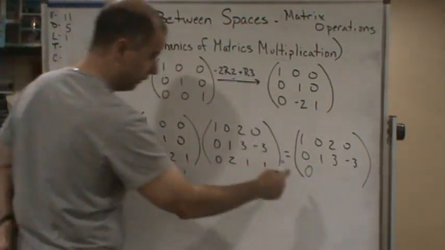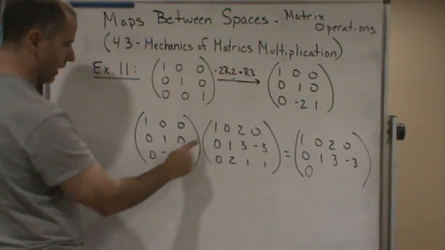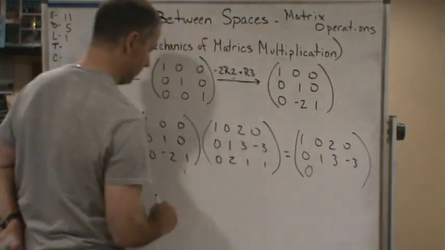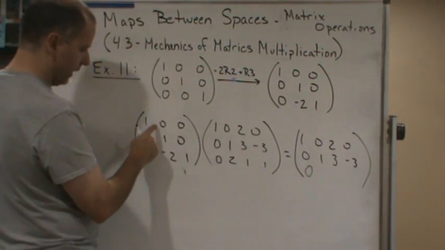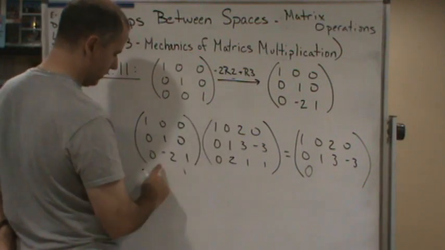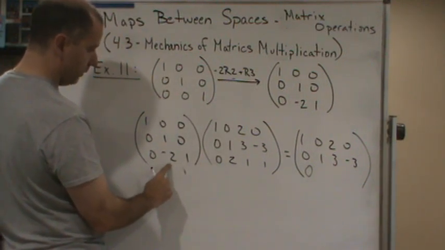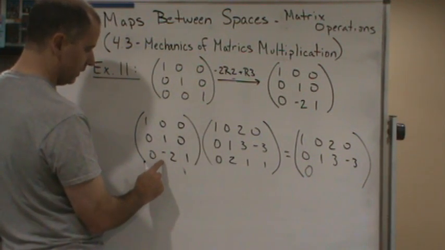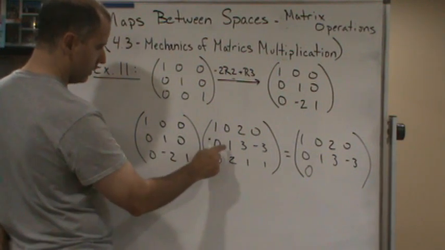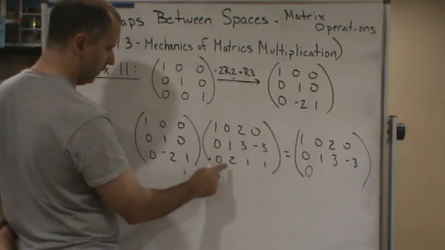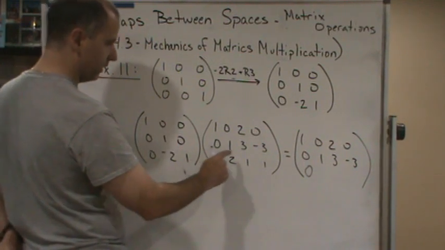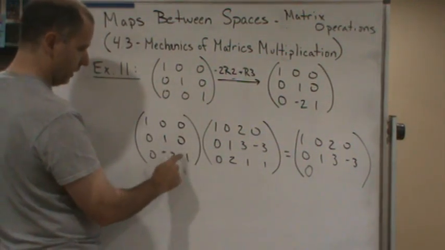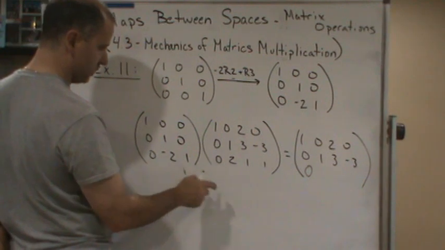Now I'm going to do this one. This is 3, 2. So all I'm going to do is take this row and multiply it by each column to get these. The next one is going to be 0 times 0 plus negative 2 times 1 plus 1 times 2. Isn't that taking negative 2 times this plus this? That's negative 2 plus 2, which is going to give me 0.